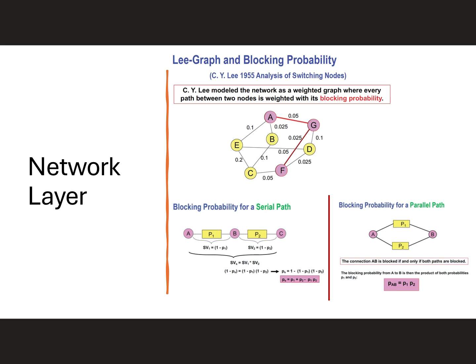Because that simplifies the calculation. So you will look at the different paths from start to the end, and you assume that they are independent from each other, and then you start calculating the blocking probability.